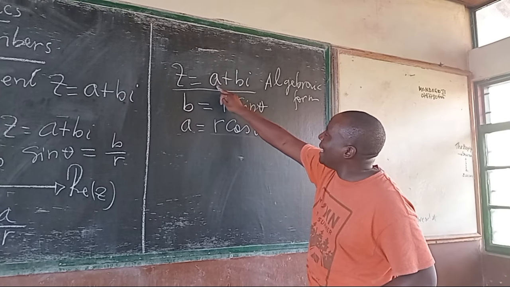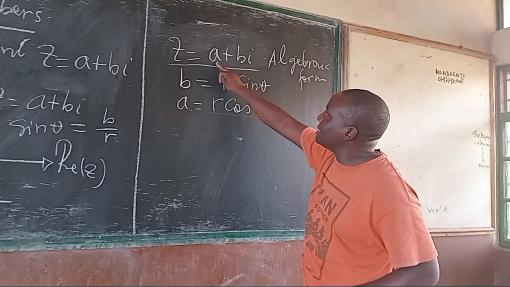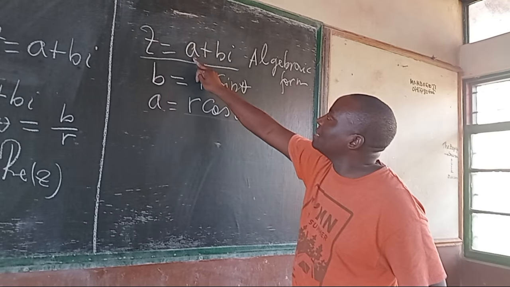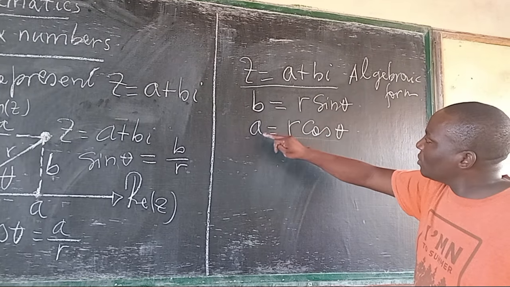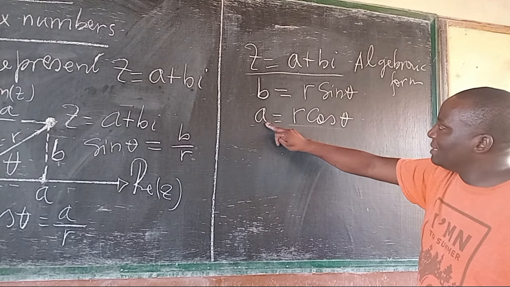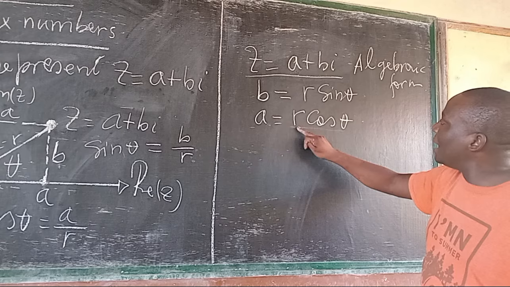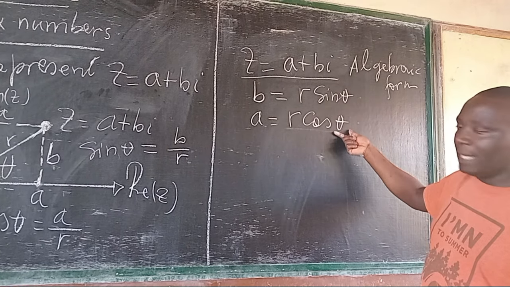As here A stands for x-axis, or A stands for real part. Real part of a complex number Z must be equal to R cosine of an angle theta.